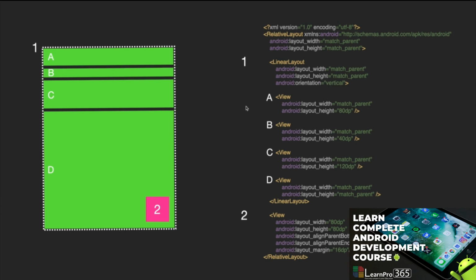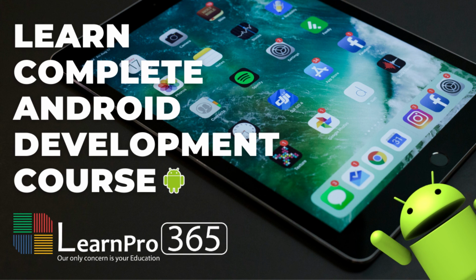So with this nesting approach, you can combine the properties of relative layout and linear layout. There are of course a lot of different combinations where we can combine 3, 4 linear layouts or relative layouts with each other, but it doesn't make sense to see it all in slides. So let's do some real coding starting from the next video.